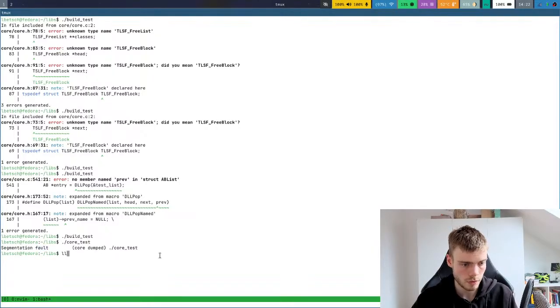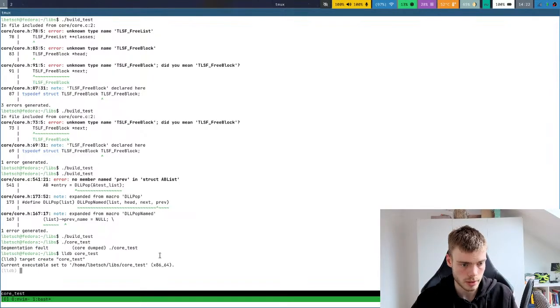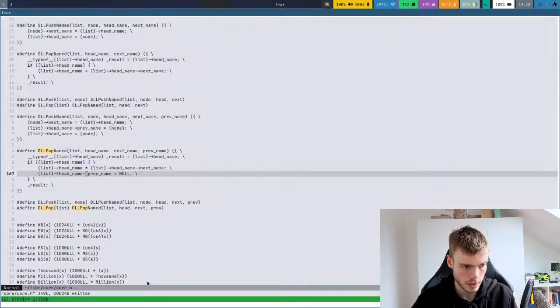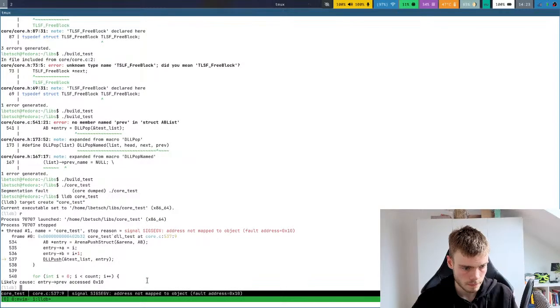Okay, it hits a segfault. This is great. Cannot push. Prev access. Entry prev access.